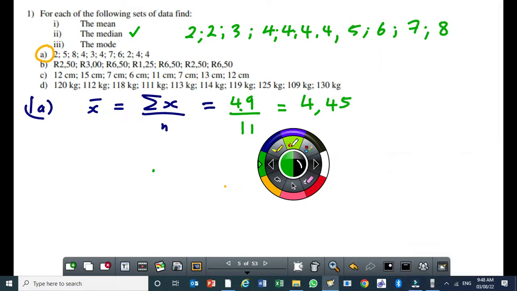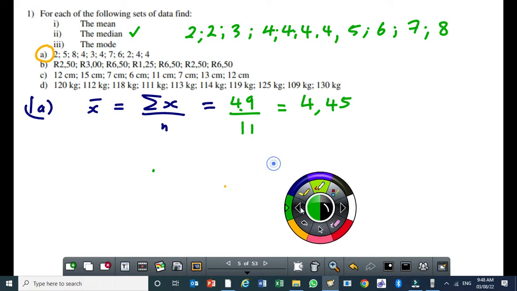Let's find the median. Now, this data set is not very large. So how many values do we have? 11. So you can use the formula for median position.